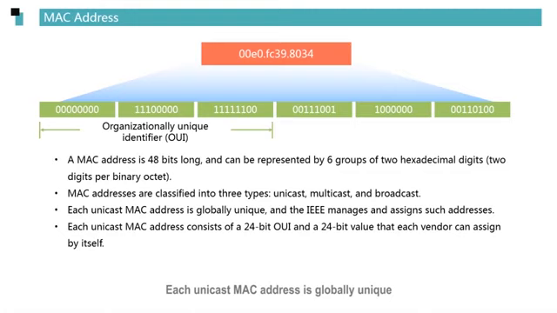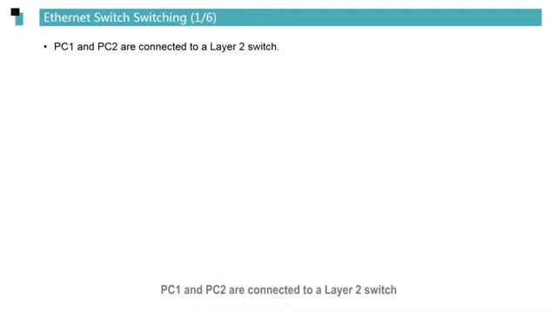Each unicast MAC address is globally unique, and the IEEE manages and assigns such addresses. Each unicast MAC address consists of a 24-bit organizationally unique identifier, OUI, and a 24-bit value that each vendor can assign by itself.